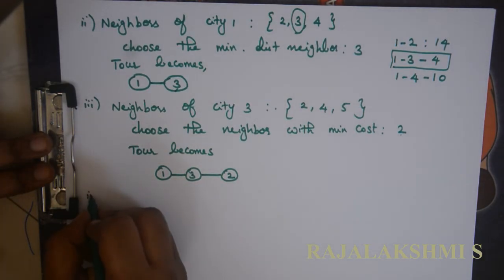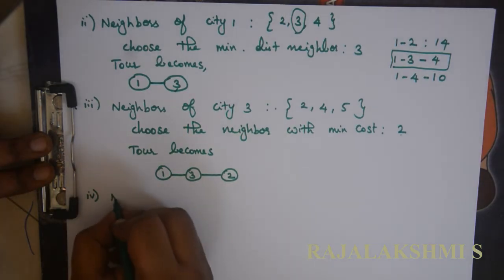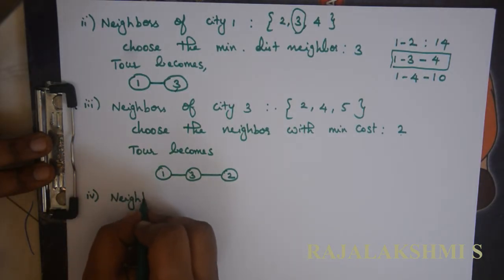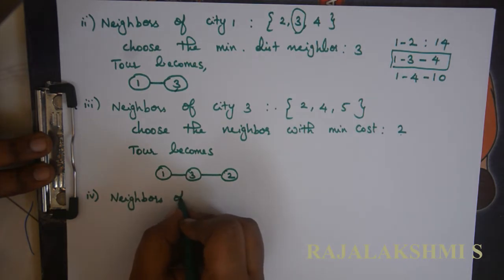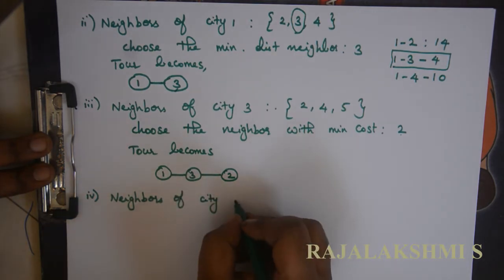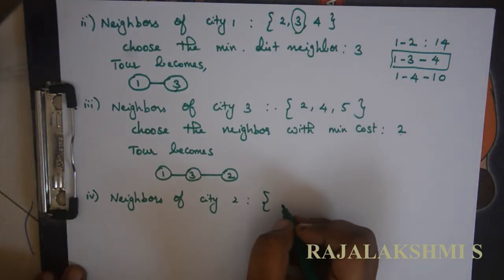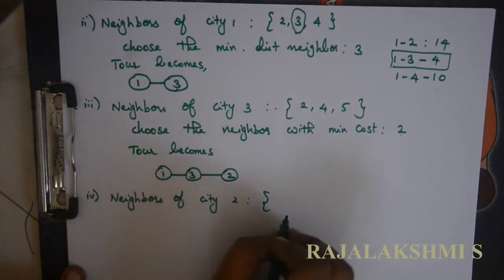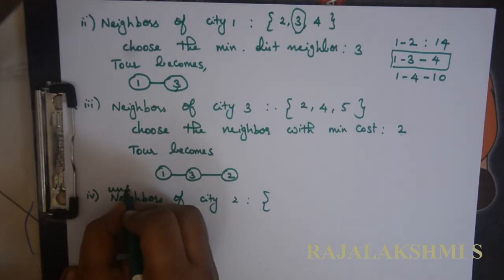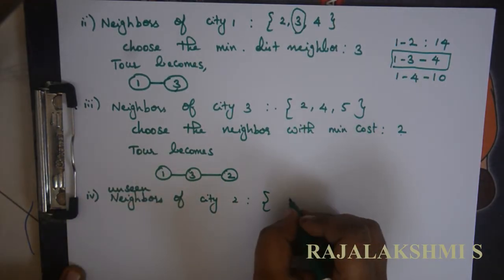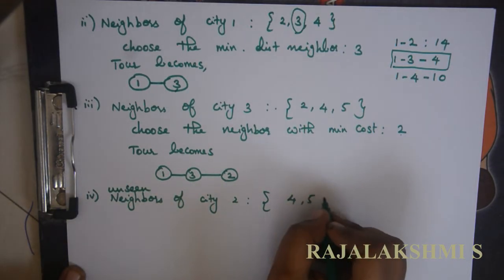Okay. So now we are present at the city 2. So neighbors of city 2. Who are the unseen neighbors? We will be writing unseen neighbors at each time step, right? So the unseen neighbors of city 2 are only 4 and 5.